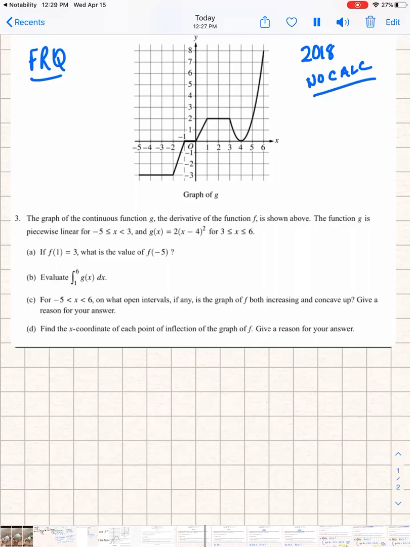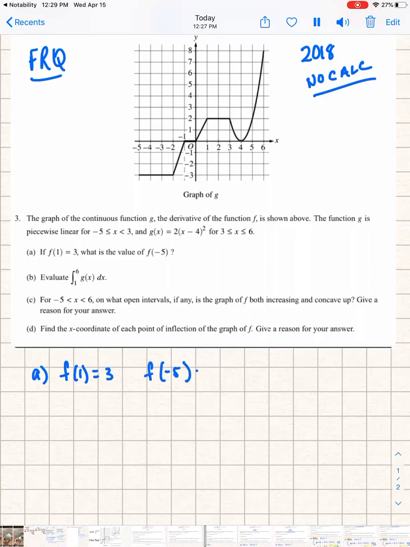So for part A, they're saying we know f of 1 is 3, and we want to find f of -5. Okay, so in order to do that, you have to think of what is given. So they give you this continuous function g, but that's the derivative of f.